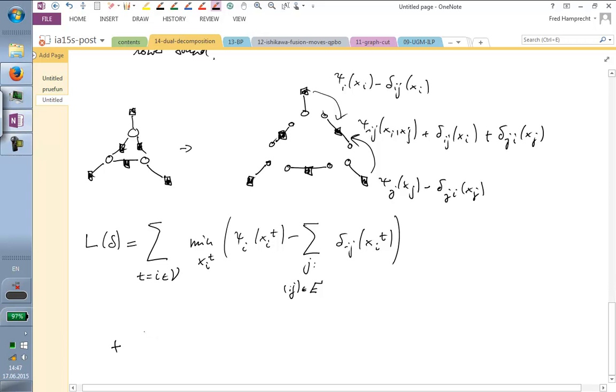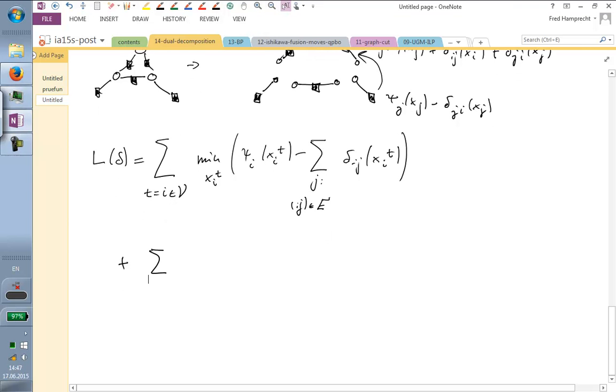And my pairwise potentials receive some mass from the two adjacent ones.